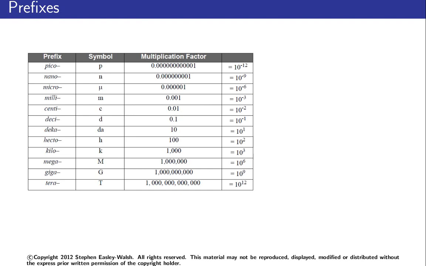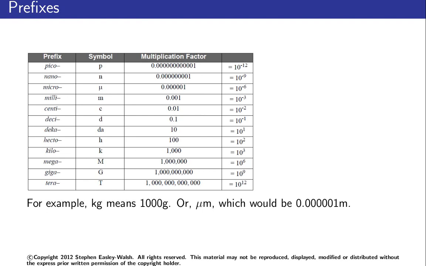So you're quite free to put these prefixes on any of the units really that we've just seen. So just again, for example, kg means 1000 g, or kilogram means 1000 grams, or μm, micrometer, which would mean a millionth of a meter.